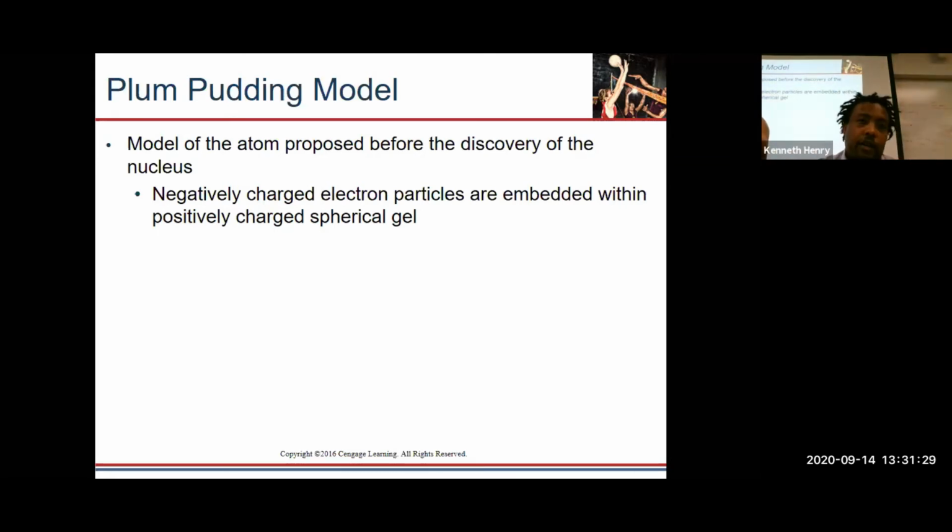But at that time, they didn't know that. So they just kind of thought it was like how you bake a cake. You just throw everything in there and it happens to end up where it's supposed to end up, with no rhyme or reason to how everything ends up. Or in their case, what was very popular at the time was plum pudding, which is like a bread pudding.